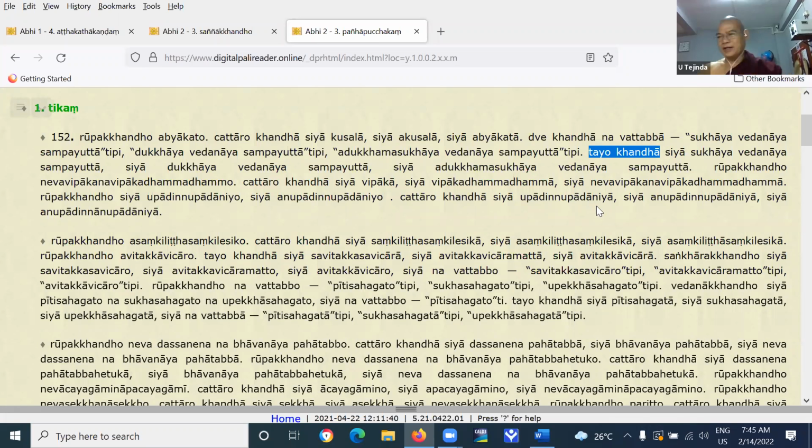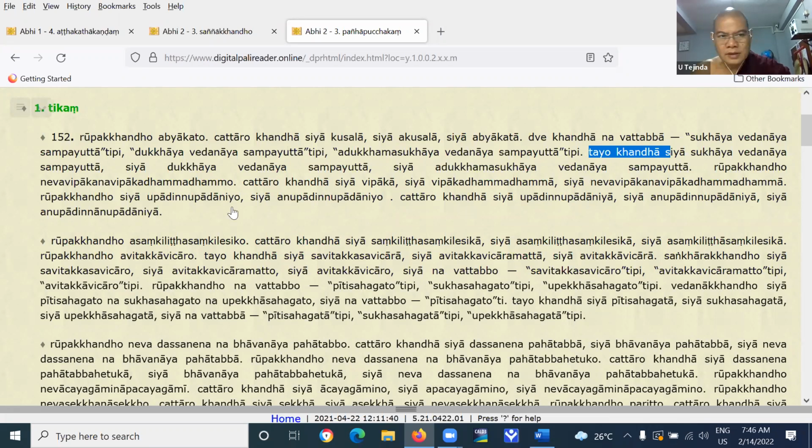What are the three? The remaining three, Sayadaw: sanna khanda, sankhara khanda, and vinnana khanda. Those sanna, sankhara and vinnana khanda are sometimes associated with sukha vedana, sometimes with dukkha vedana, sometimes with adukkhamasukha vedana.